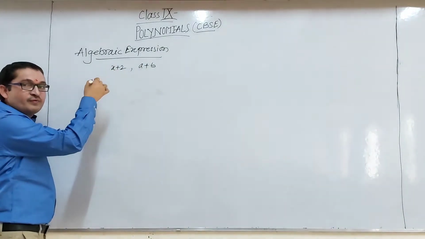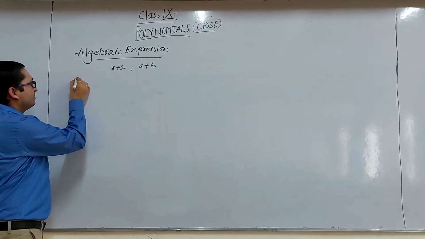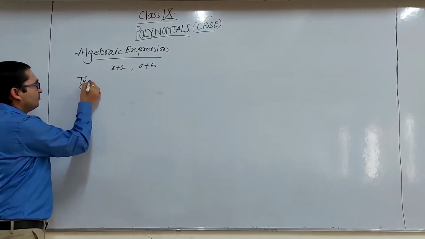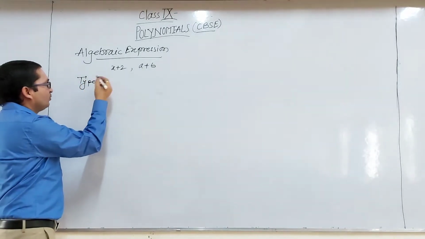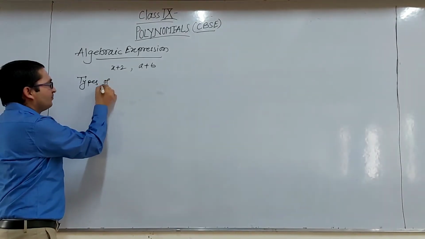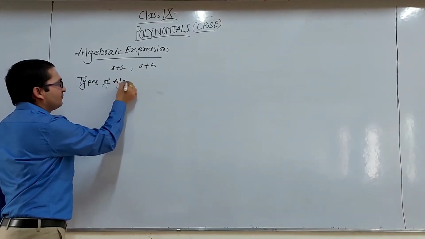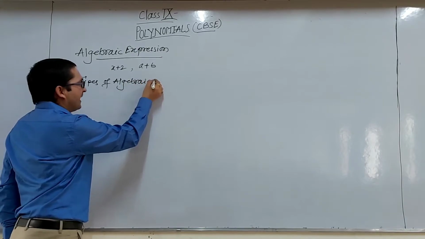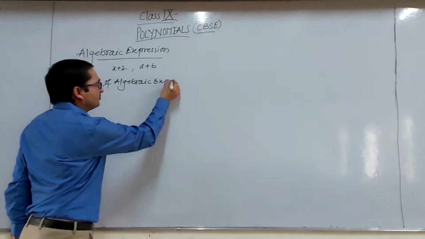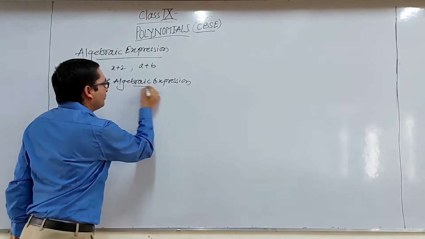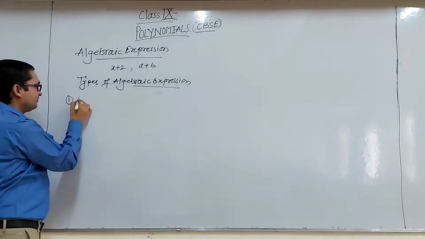Now we need to understand the types of algebraic expression. First, monomial.